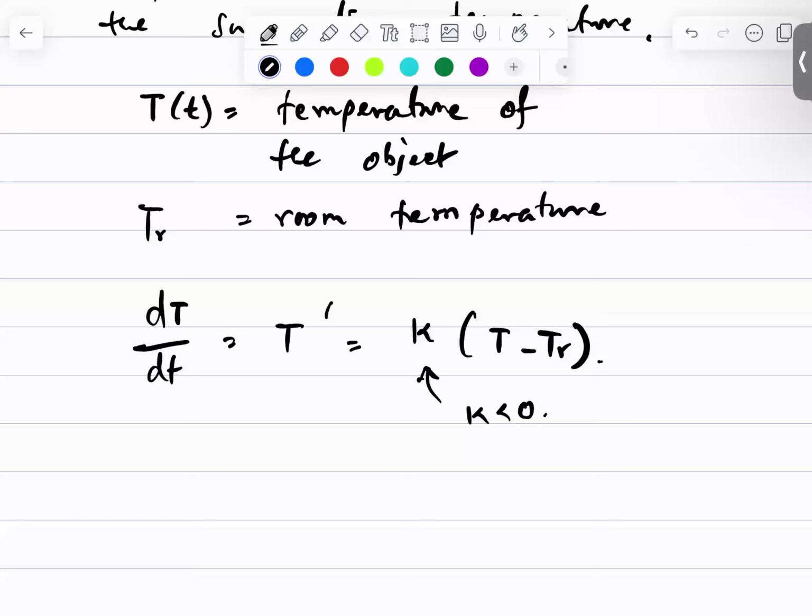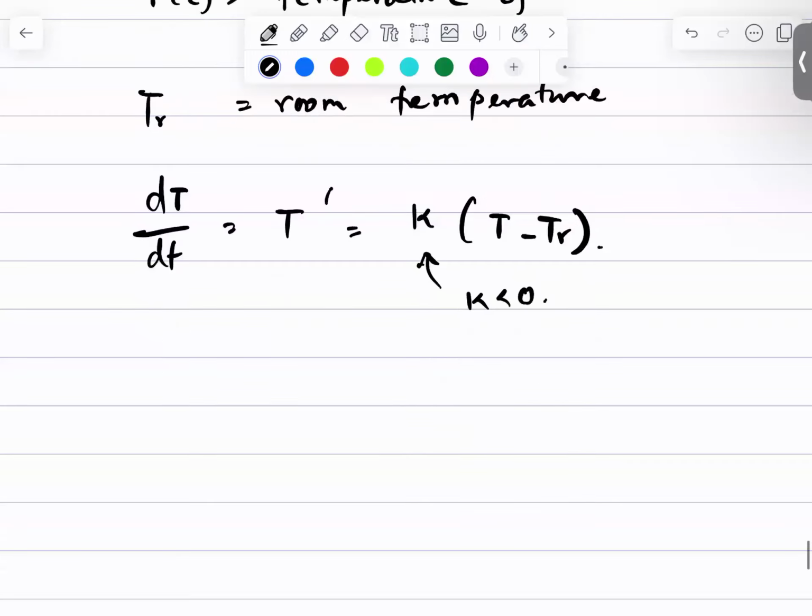Before solving one problem, I just want to give some more idea of what's going on. So what does the graph look like?